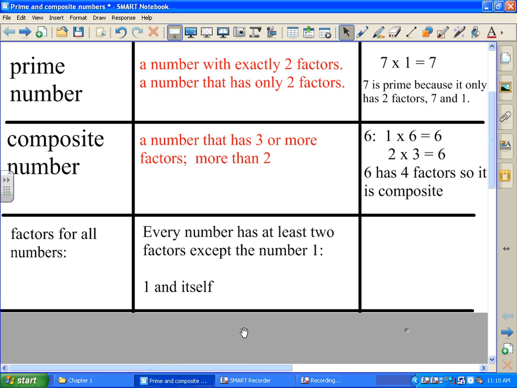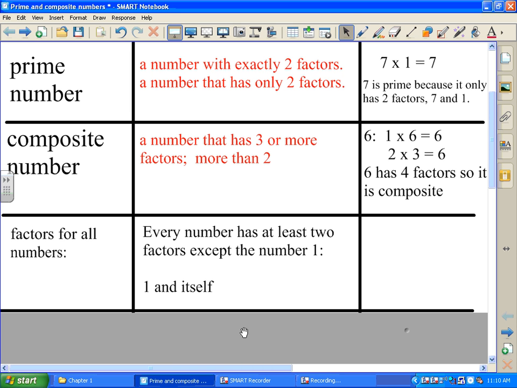Now, when we're talking about prime numbers, you guys, there are certain steps you're going to follow to determine if a number is prime or composite. After we've practiced those steps, I'm going to help you with a kind of cheat sheet that's going to help you figure things out faster, because we're going to be moving fast when we're talking about prime and composite numbers.